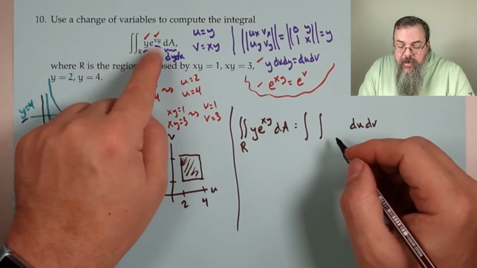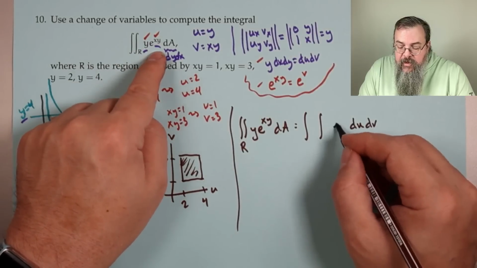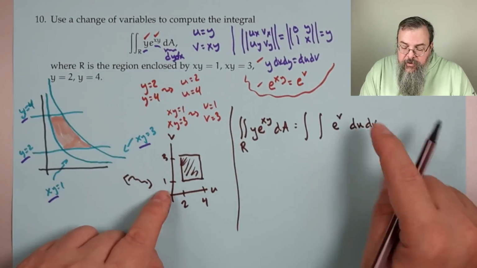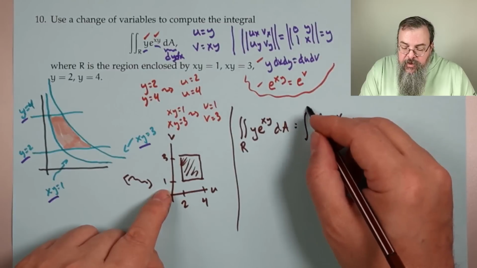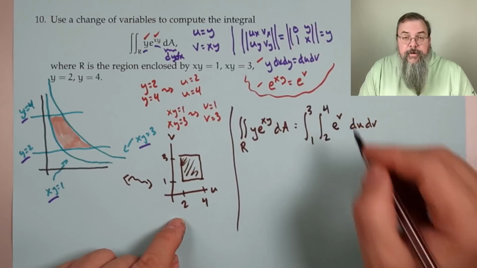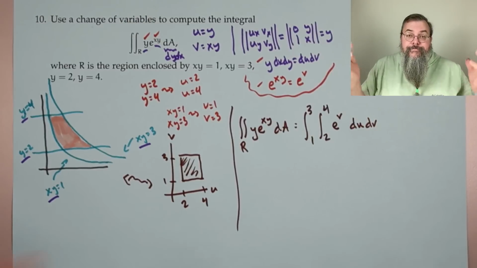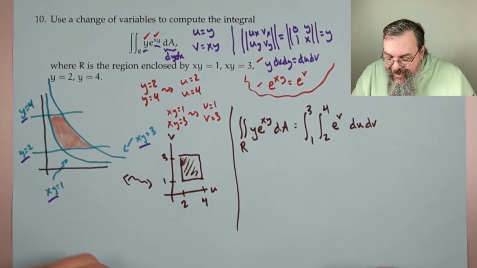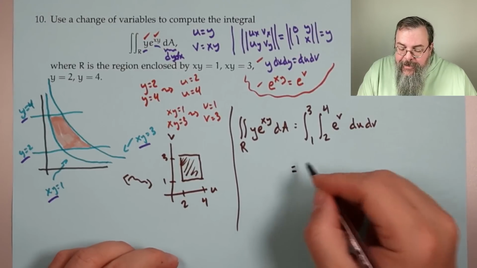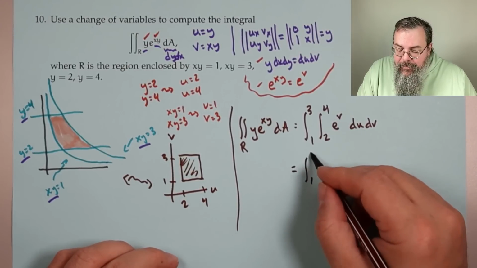We've accounted for the y. The e to the xy becomes e to the v. Where does v go from? v goes 1 to 3. Where does u go from? 2 to 4. All right, and this looks like a really good integral, the kind of integral we'd like to take home to meet the family.